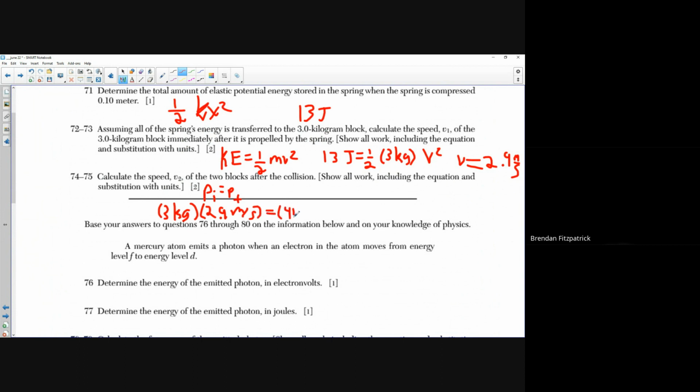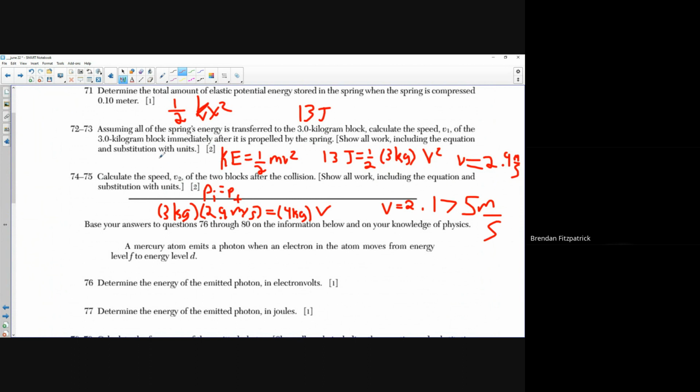So it's 4 kilograms for the total mass times v, the velocity I'm looking for. So I'll do 3 times 2.9 divided by 4 to get 2.175 meters per second.